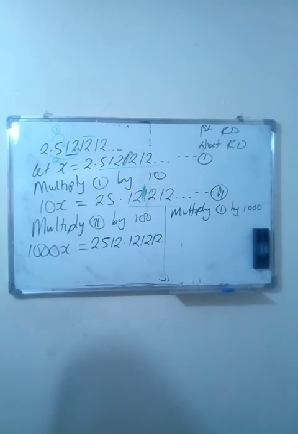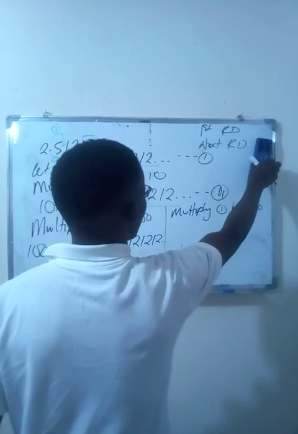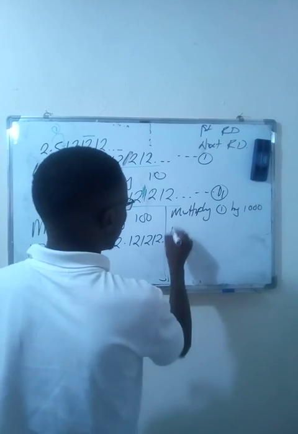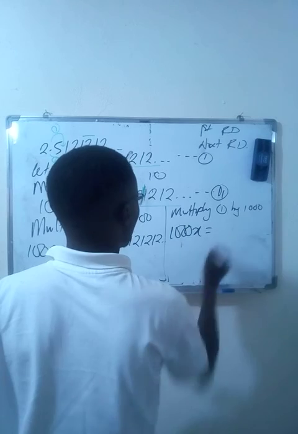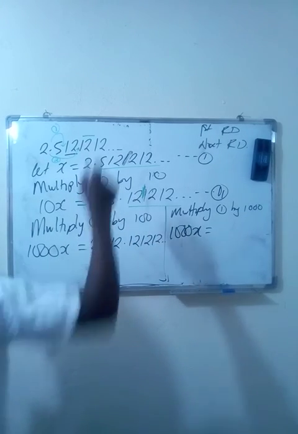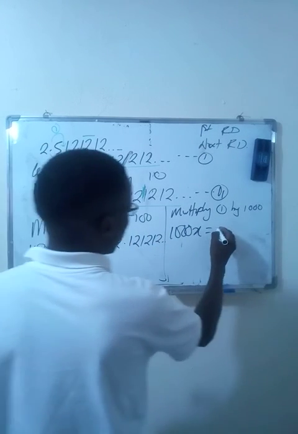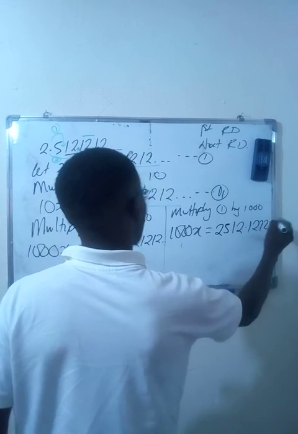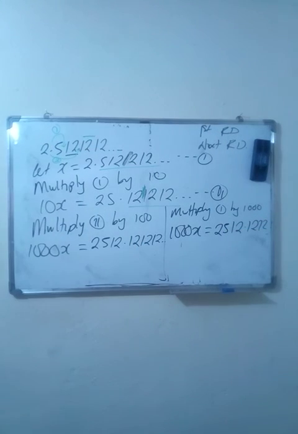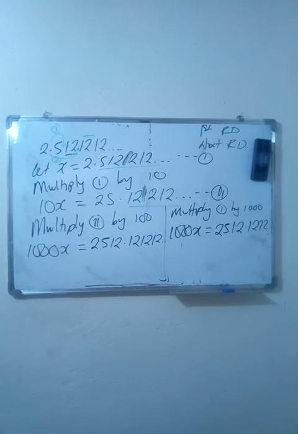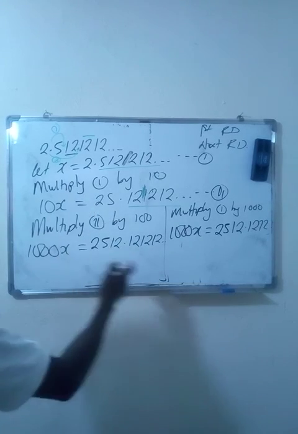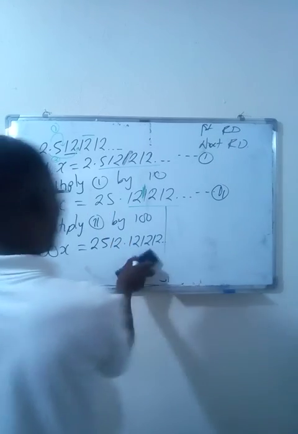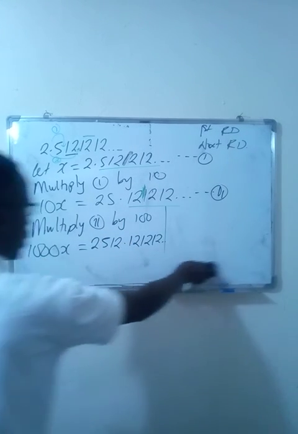Similarly, if we multiply equation 1 by 1000, x by 1000 is 1000x, and 2.51212 gives us 2512.1212, and so on. So it's giving us the same thing. I would rather you stick to one method, which is multiplying the second equation by 100 in this case.